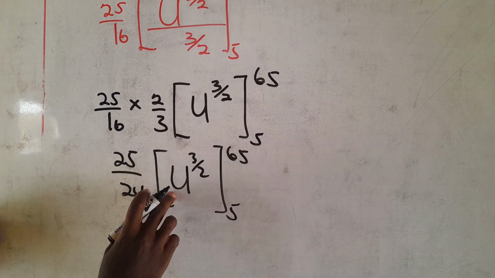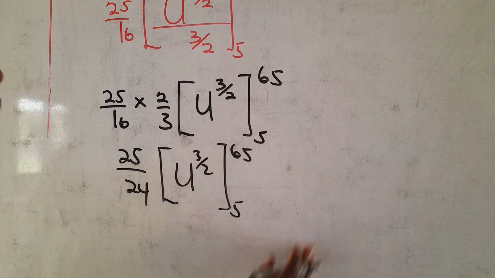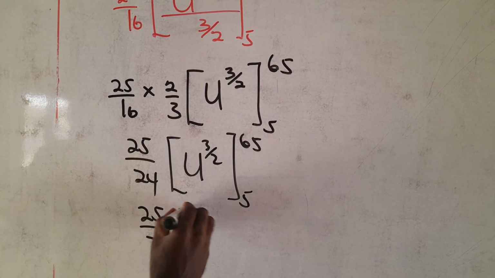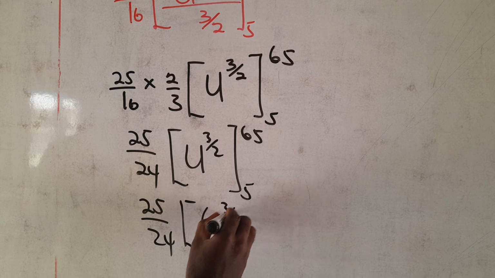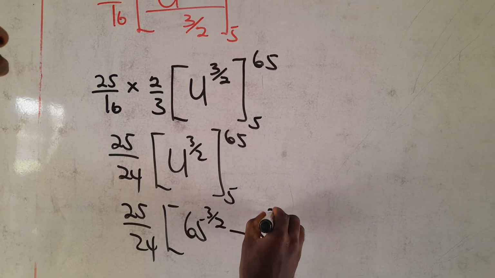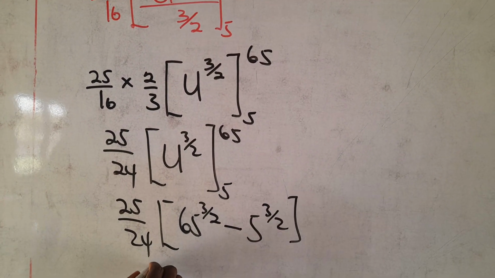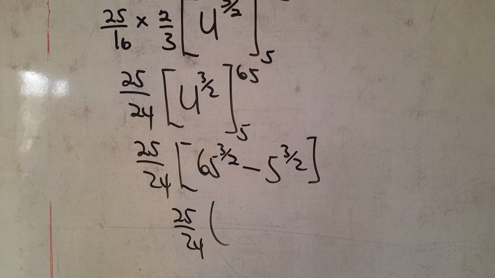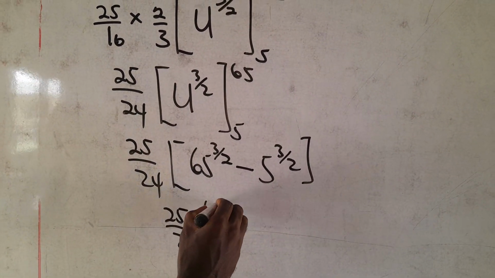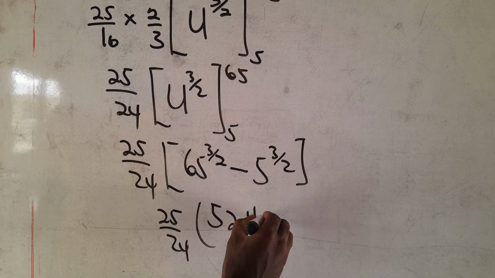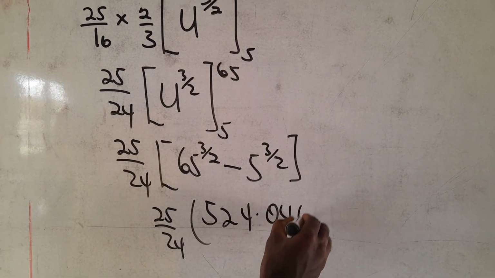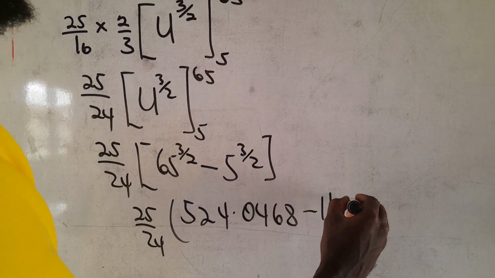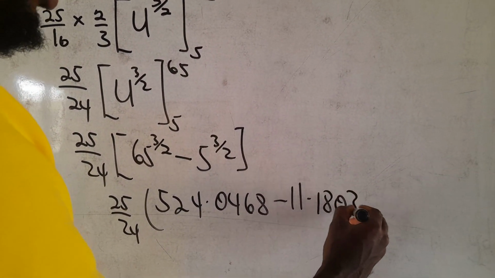So now we substitute 65 minus, we substitute 5. We get 25 over 24 of 65 exponent 3 over 2 minus 5 exponent 3 over 2. 65 exponent 3 over 2 will be 524.0468, and 5 exponent 3 over 2 will be 11.1803.